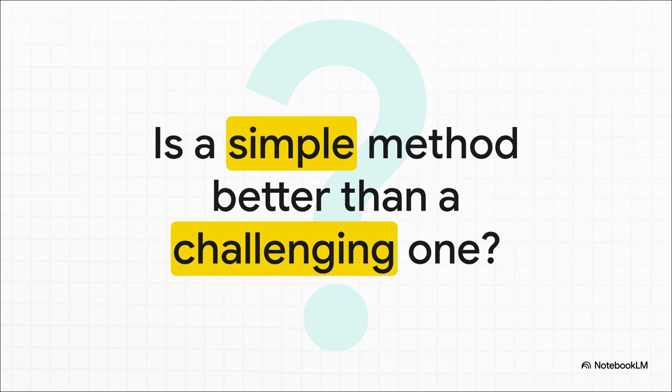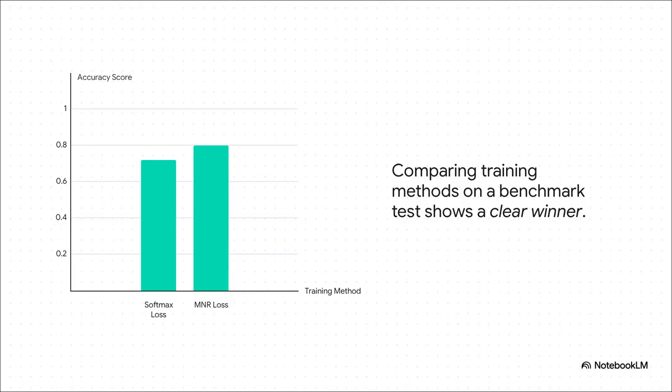Well, let's take a look at the numbers. And yeah, the results are pretty clear. A model trained with a more traditional method, in this case softmax loss, scores a 0.72 on a key performance test, which is okay. But that same model, when it's trained with this much more challenging MNR loss method, its score jumps all the way up to 0.80. That is a huge leap in accuracy.